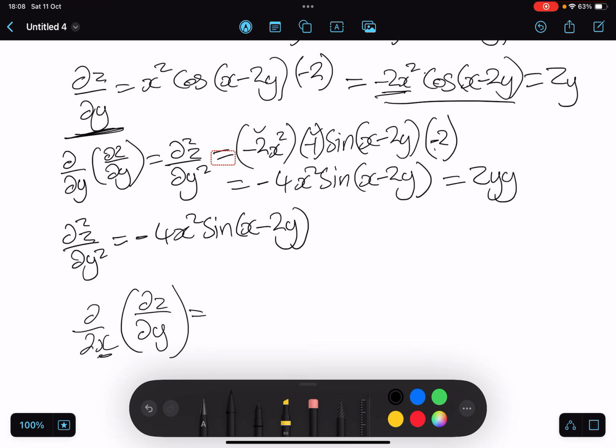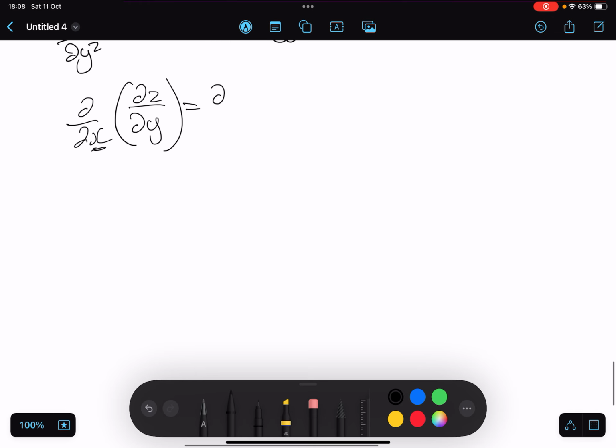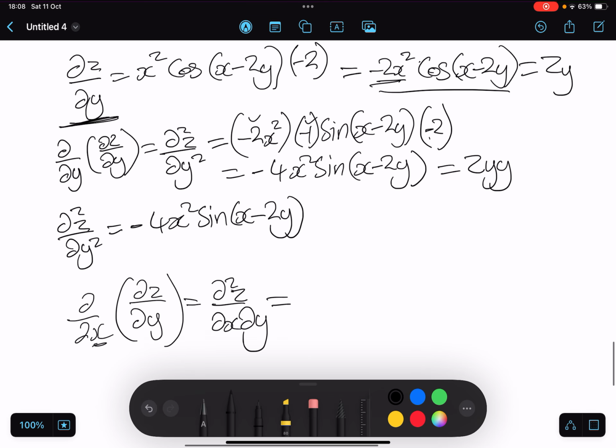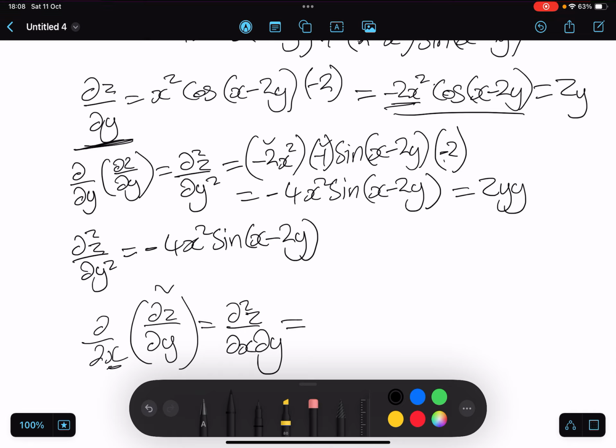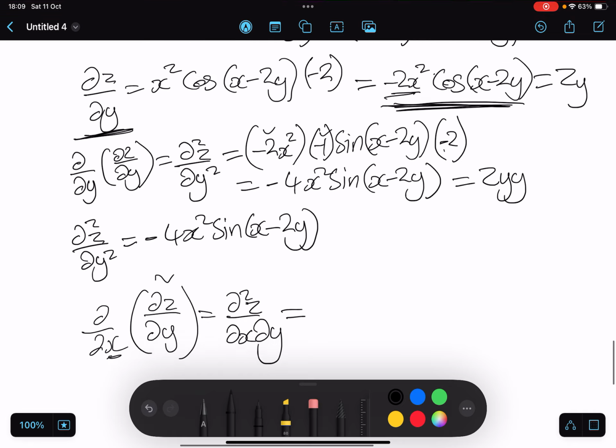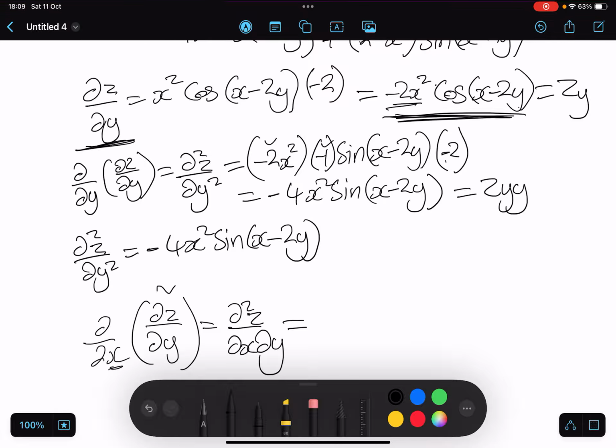We are going to get d squared z over dx dy, which is equal to what? So this was this function. Now we are differentiating this with respect to x.